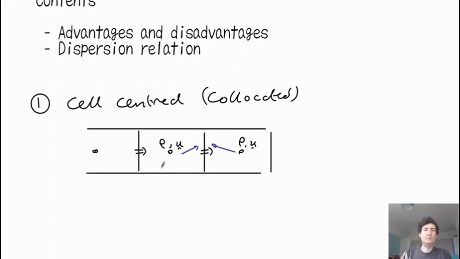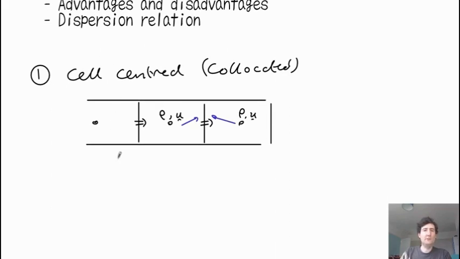And so for the cell center method, some of the advantages are that because everything's in one location, nonlinear terms are quite easy. If you want to multiply rho times u, they're all at cell locations, so it doesn't have any problems.